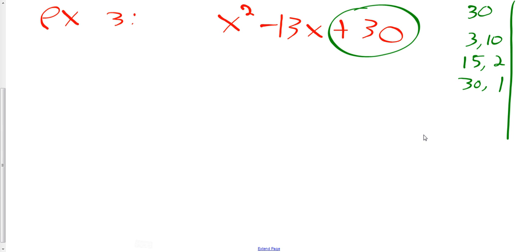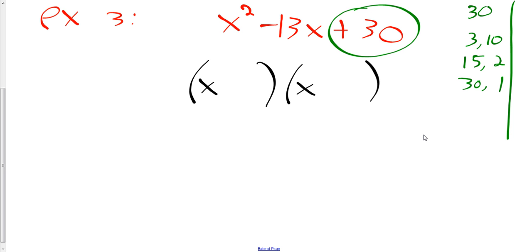So we have 3 and 10, 15 and 2, or 30 and 1. So when we make our parentheses, we have to come to a decision about what types of signs we're going to use, okay? So what types of signs do you want to use here if it multiplies to a positive? What types of numbers multiply to a positive?